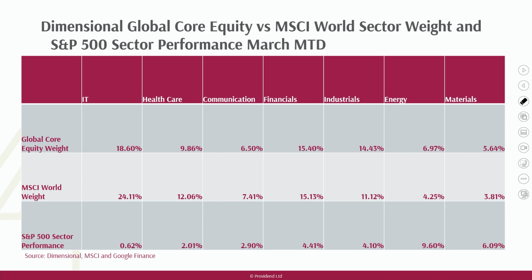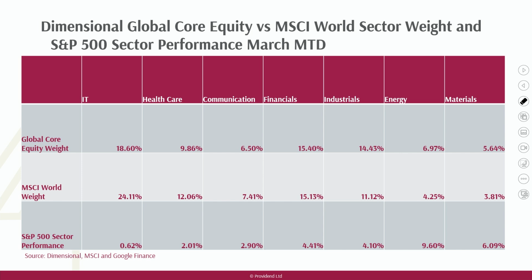Now, if we look closely, we can see that for Dimensional Global Core Equity, the financials, industrial, energy, and materials have an overweight. Because of this value tilt, it actually has an overweight in these sectors. Particularly, you can see industrial, energy, and materials, where Dimensional Global Core Equity has a much higher weight compared to the MSCI World weight.